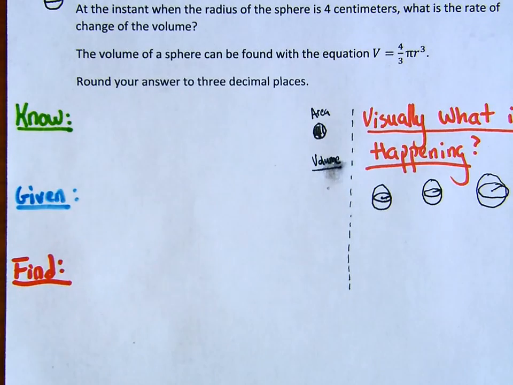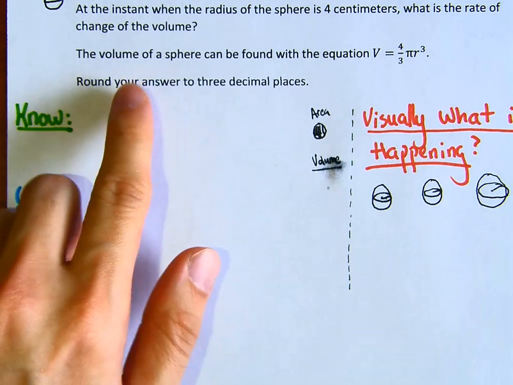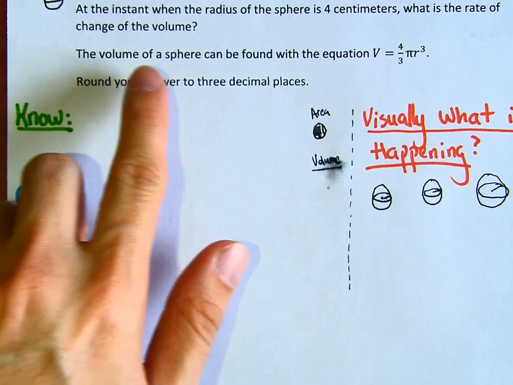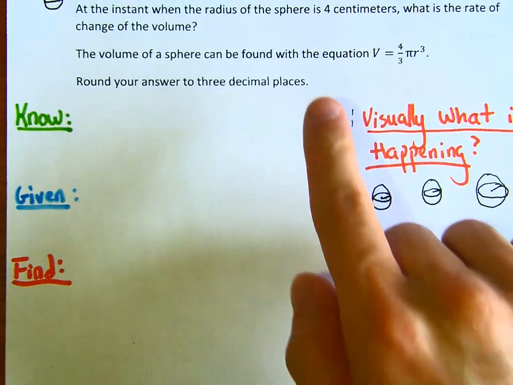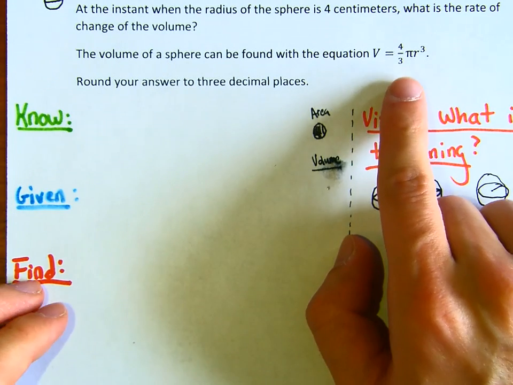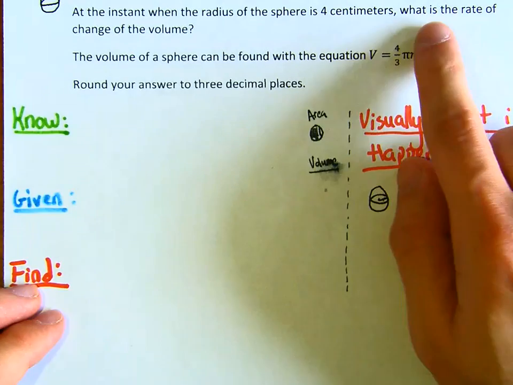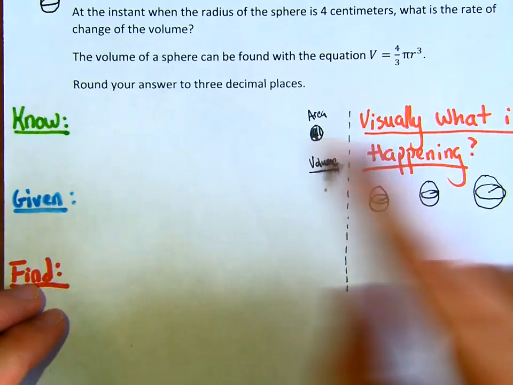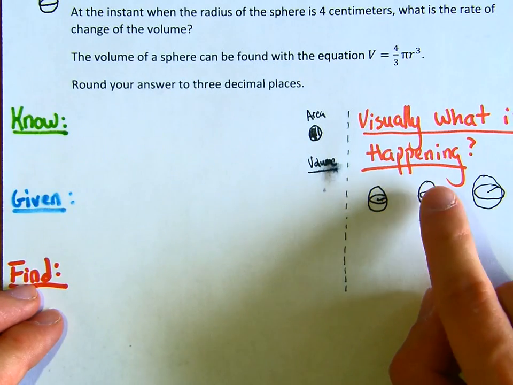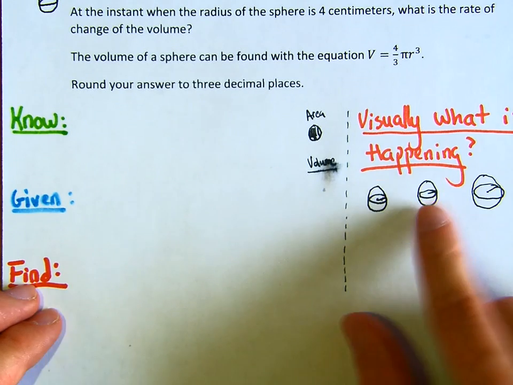Now the volume of a sphere can be found with the equation V equals 4/3 pi r cubed. And now it says, what do we want to find? The rate of change of the volume. It's asking how the volume is changing within each second.